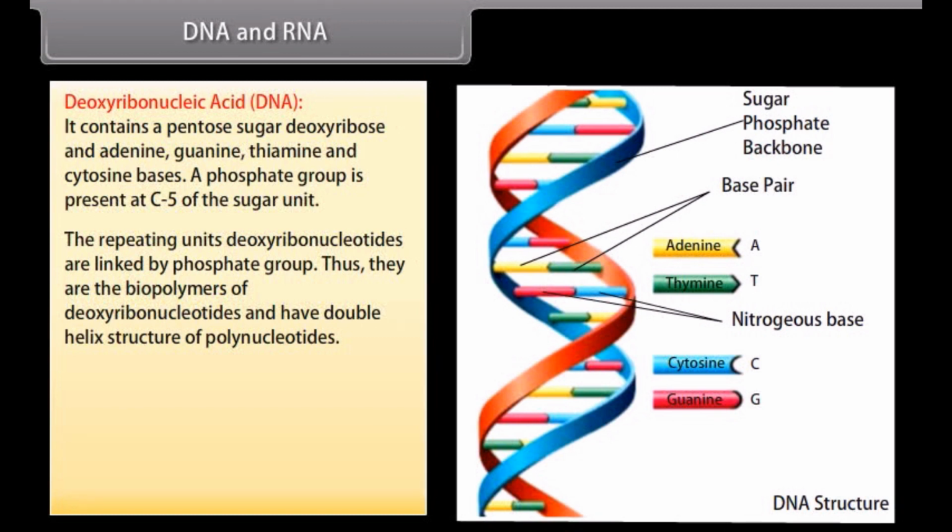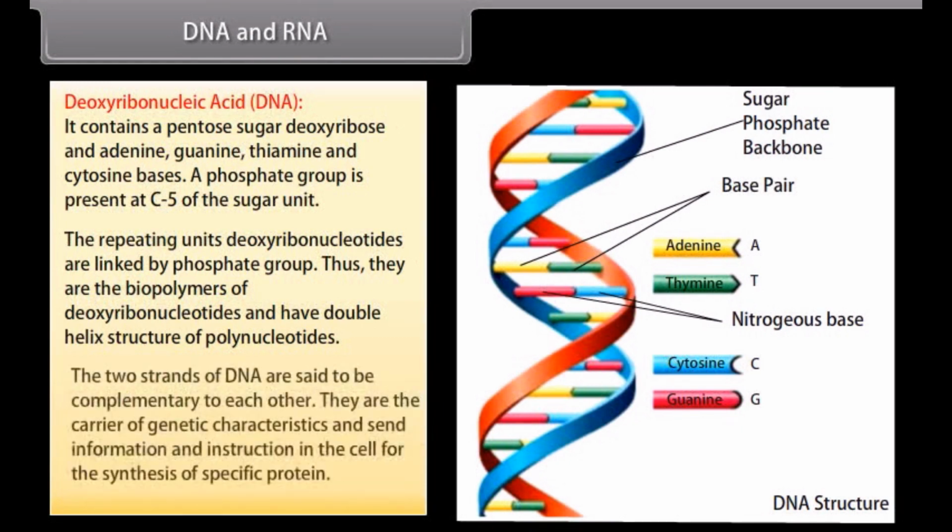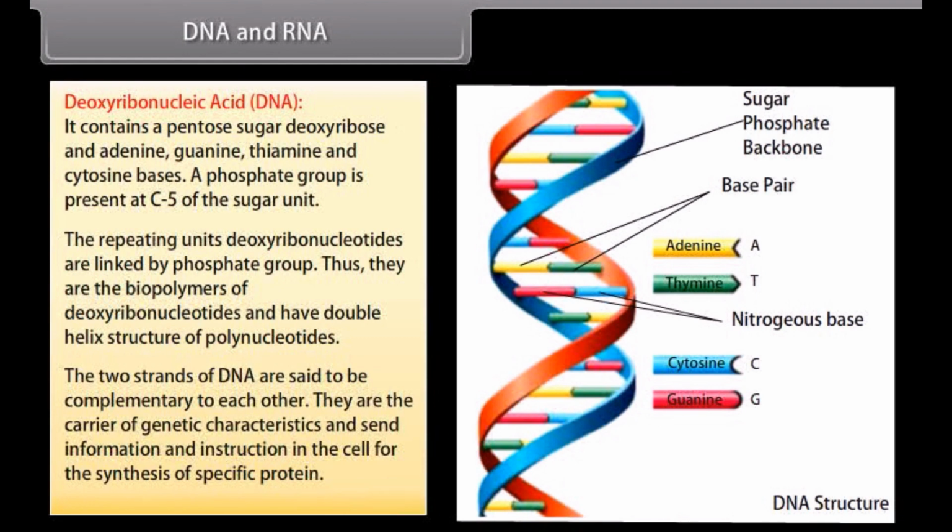Thus, they are the biopolymers of deoxyribonucleotides and have double helix structure of polynucleotides. The two strands of DNA are said to be complementary to each other. They are the carrier of genetic characteristics and send information and instruction to the cell for the synthesis of specific protein.